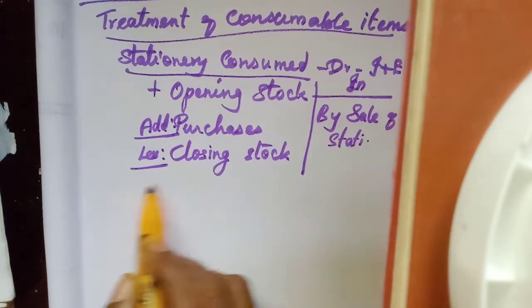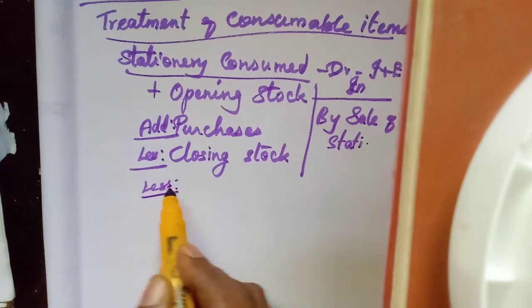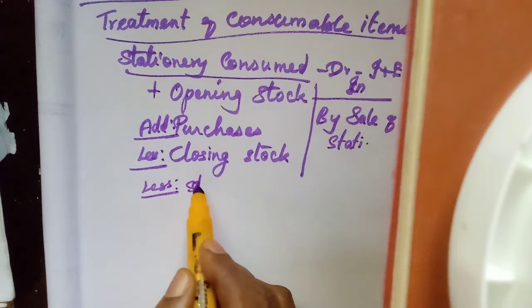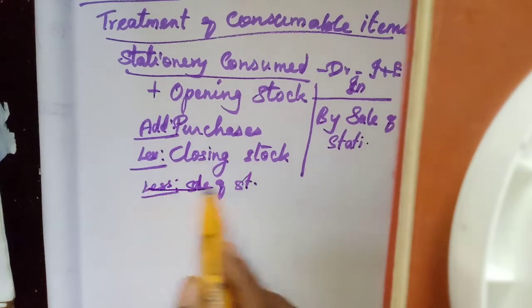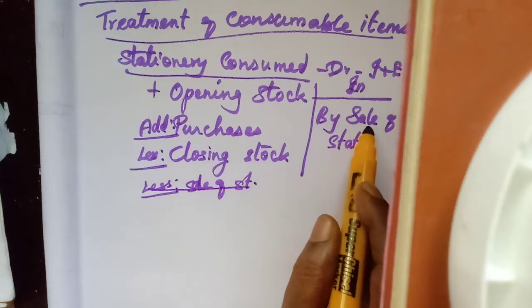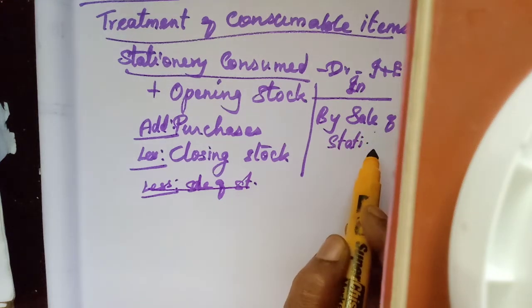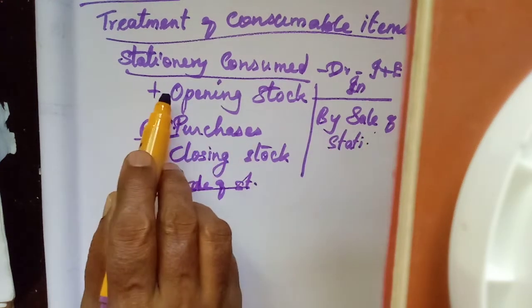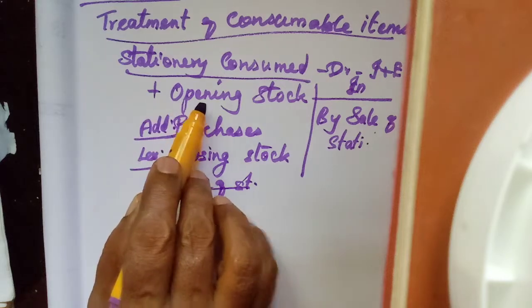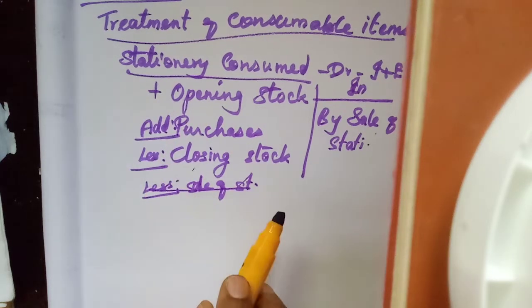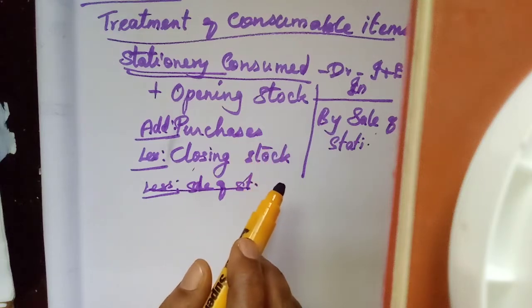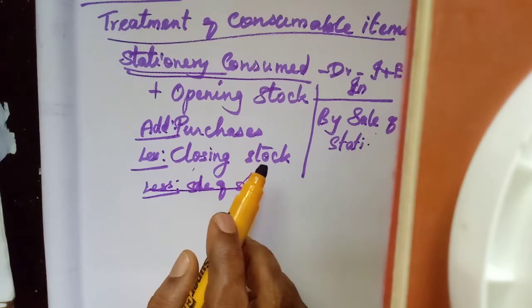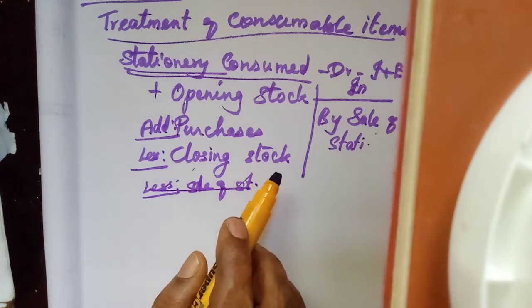Or what we can do, we can deduct from this one, less sale of stationery. But this one is not normal. Usually we will credit the sale of that item. Then only that equation you should remember: opening stock, add purchases, less closing stock. There we will get stationery consumed. That must be entered in the expense side of the income and expenditure account.